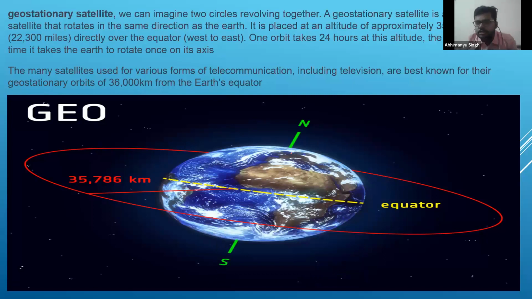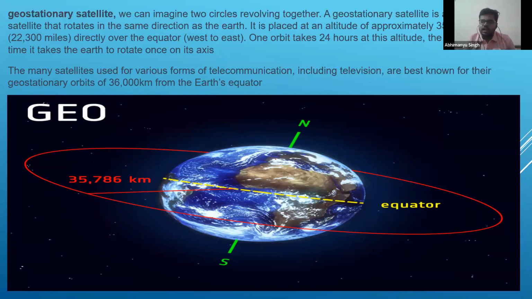Now we will be discussing geosynchronous and geostationary satellites. First of all we will discuss geostationary satellites. Geostationary satellites revolve in the equatorial plane, as you can see in the photo, at around 35,786 kilometers, and appear at rest with respect to Earth whenever we see from Earth. They always lie in the equatorial plane.